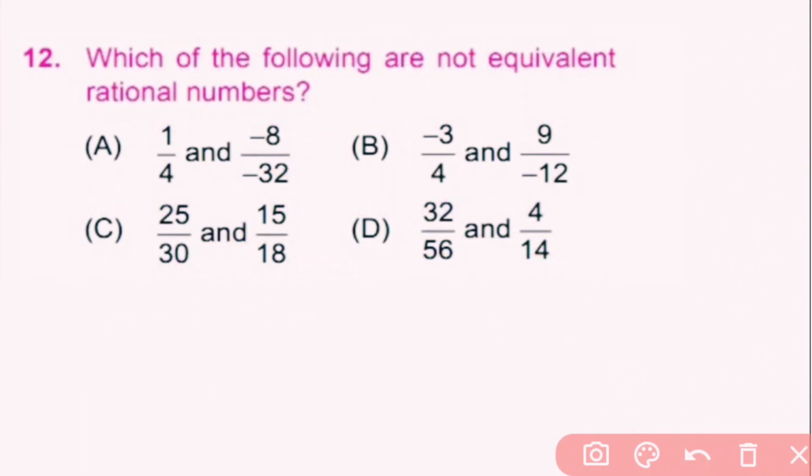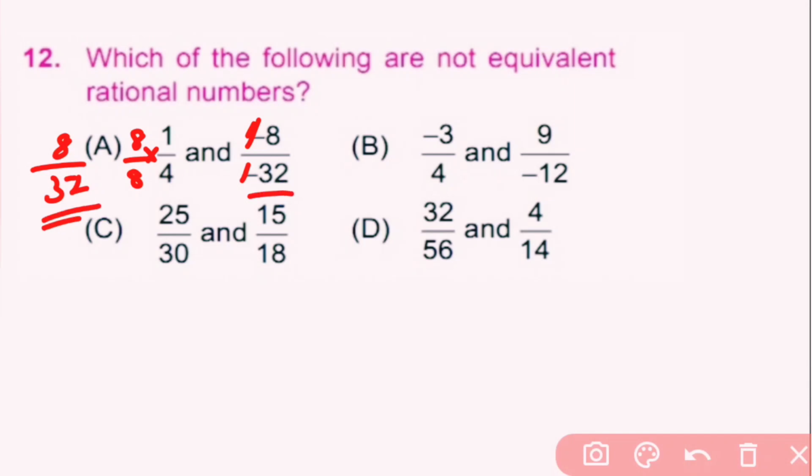Question number 12. Which of the following are not equivalent rational numbers? Option A, 1 by 4 and minus 8 by 32. Here this minus sign will get cancelled. Here denominator and numerator we multiply by 8. So 8 ones are 8 and 8 fours are 32.